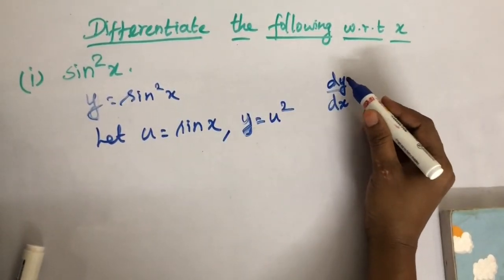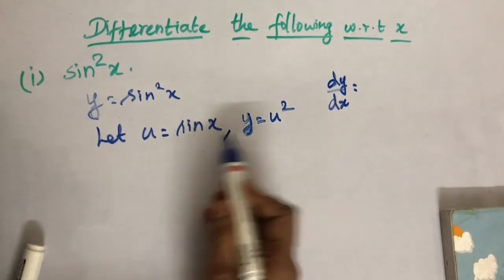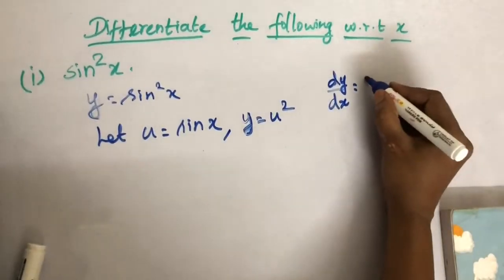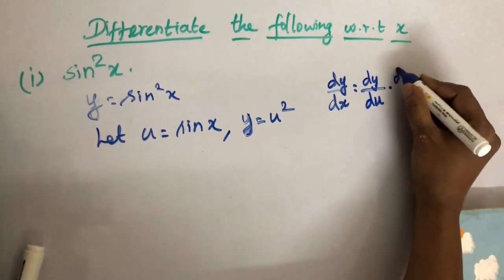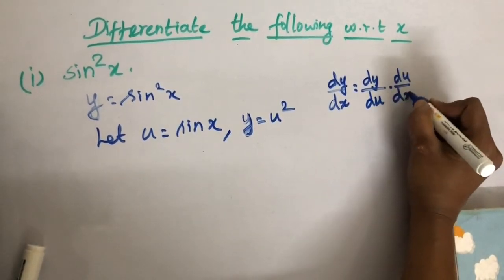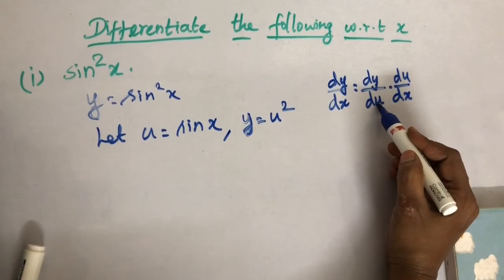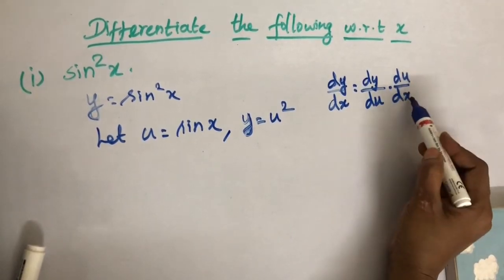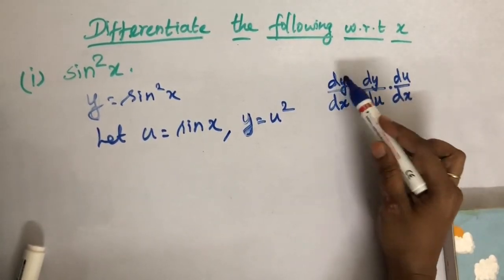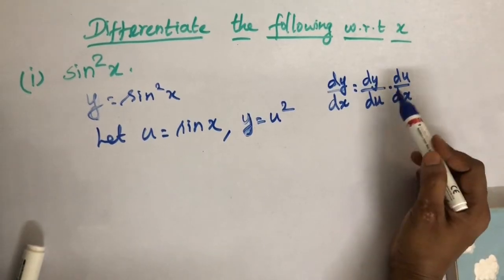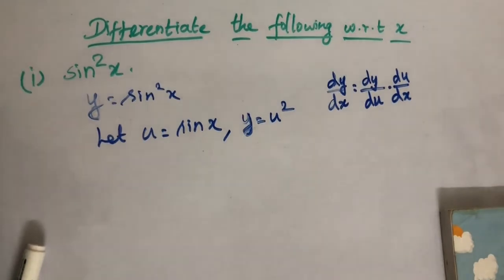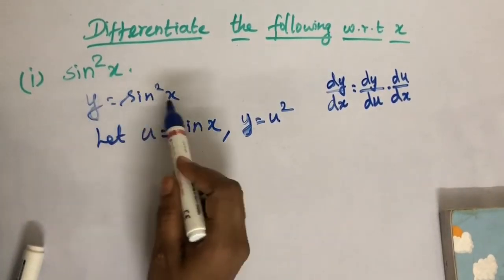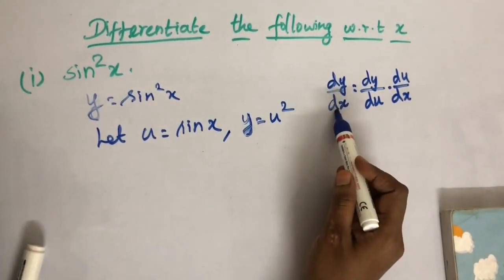So dy by dx, I am going to introduce u in this. How? dy by du into du by dx. Differentiating y with respect to u and differentiating u with respect to x will give you dy by dx. So dy by du into du by dx is equal to dy by dx.